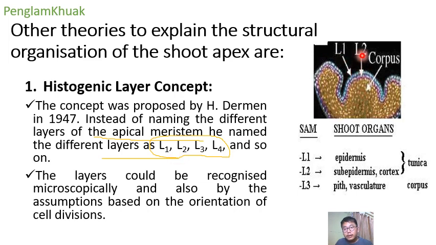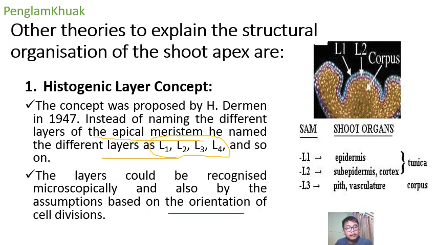So here L1, L2, L3 and so on, or L4, L5. And these layers you will be able to easily observe under a microscope, and also by the assumption based on the orientation of cell division.